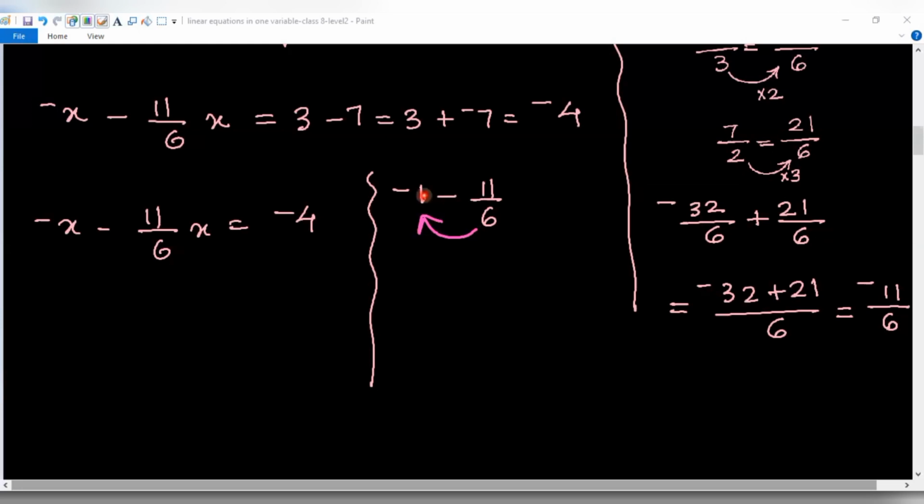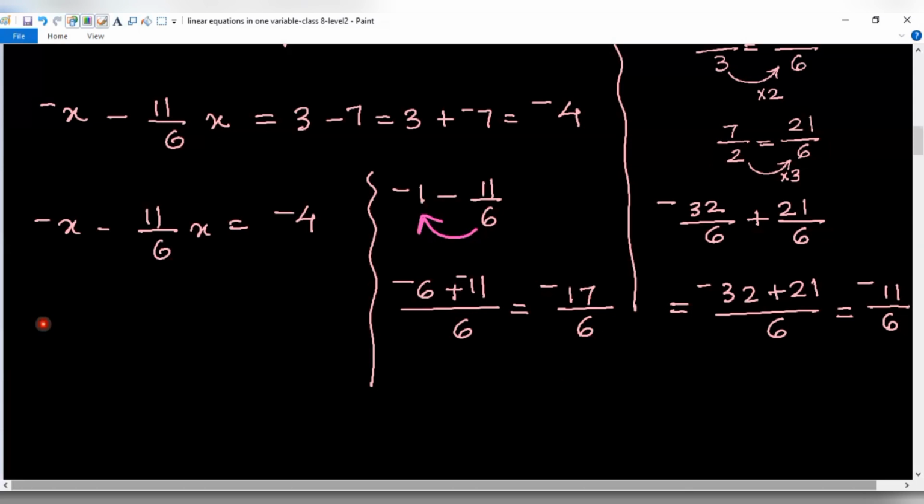Then minus 11 is there, all divided by 6. Minus 6 minus 11, that is minus 6 plus minus 11. Adding two negatives, the answer is also negative. Now 6 plus 11, that is 17. So minus 17 by 6 here.